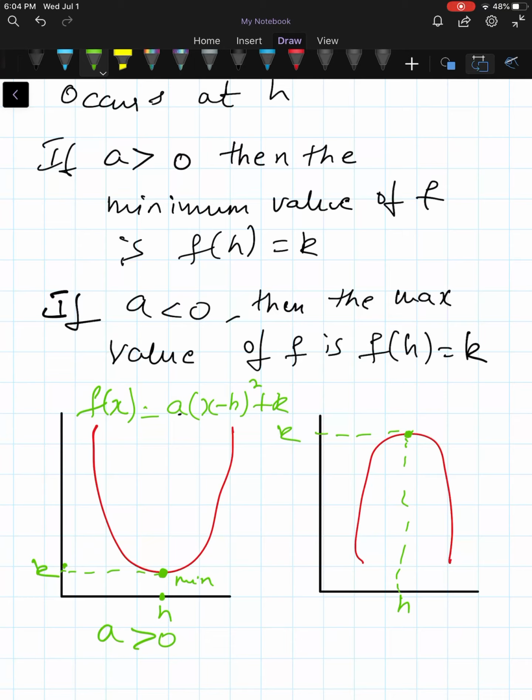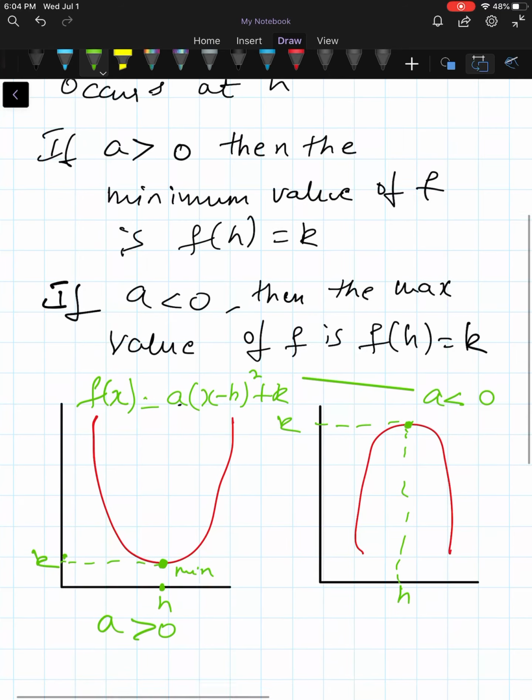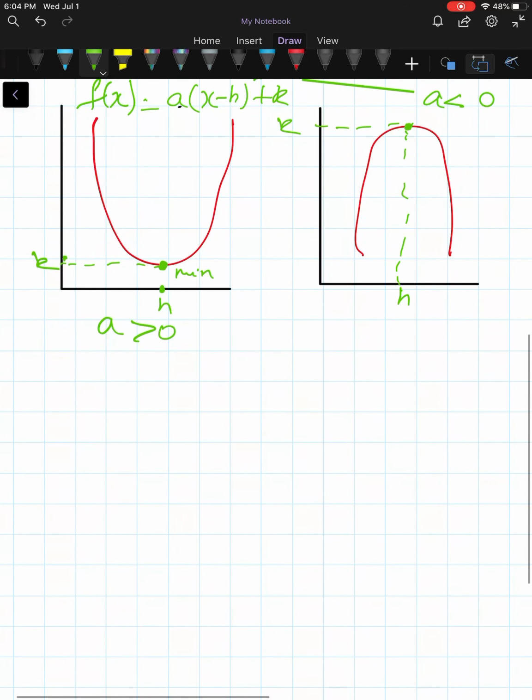Here the graph is attaining a maximum value and a is less than 0 in the same standard form equation. So using what we learned till now, we can establish the maximum and minimum values just by seeing the graph or seeing the equation and expressing it in standard form.